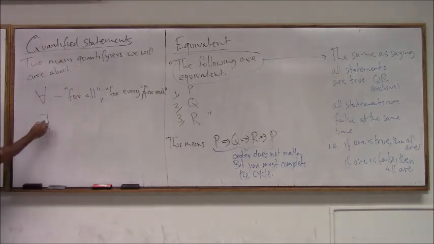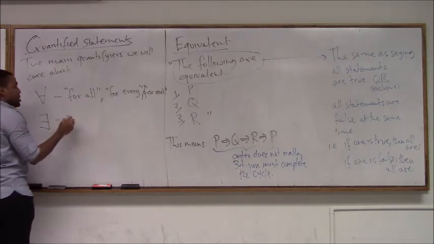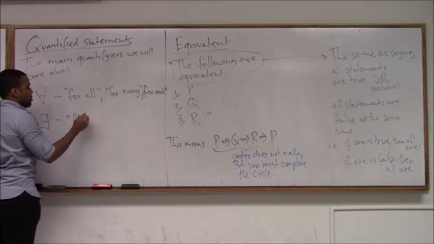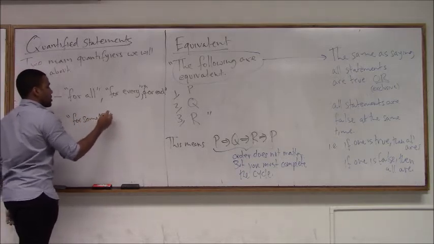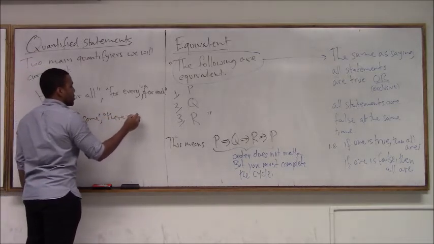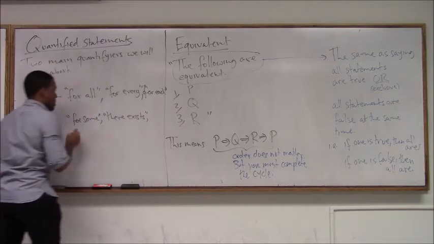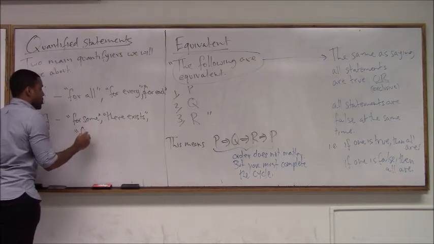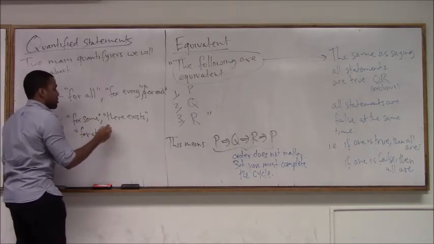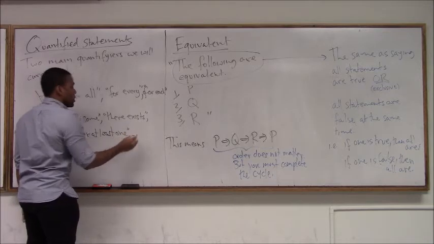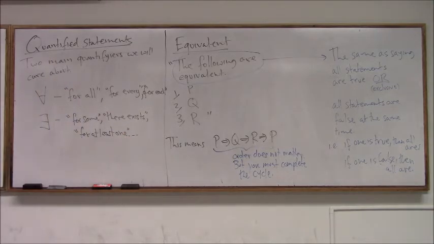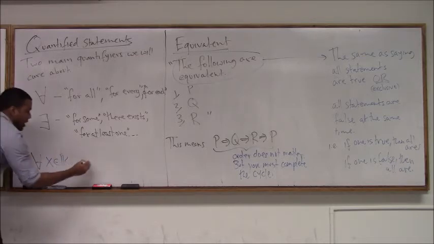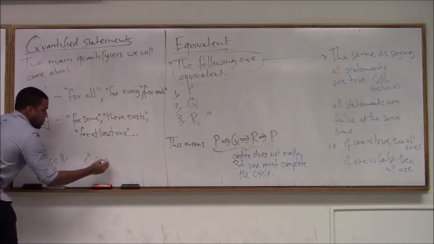There is this, which is a backwards capital E. That means for some, there exists, or for at least one, something, etc. So I can say something like, for all x in R, x squared is greater than 0, right?